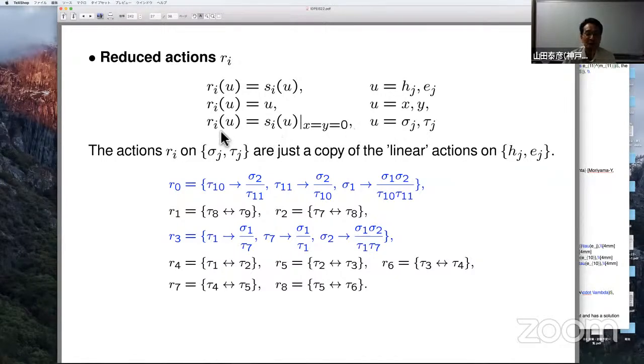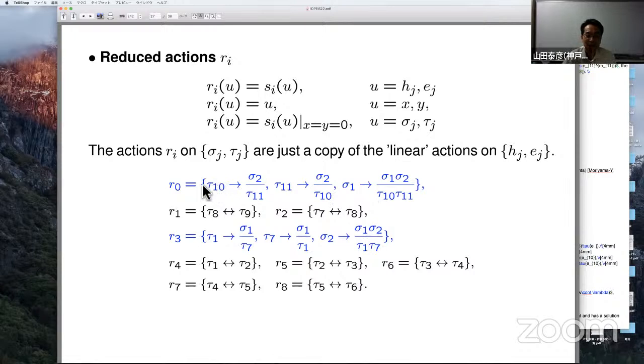So explicitly, the reduced action on the tau and sigma variables is given in this way. And we see this is exactly the same as the action on the E and H variables, the multiplicative linear action on the Picard lattice.